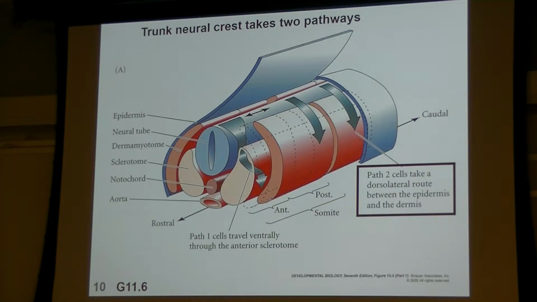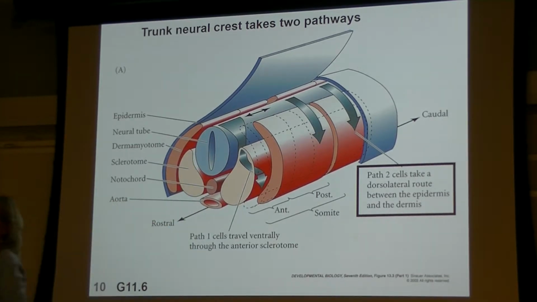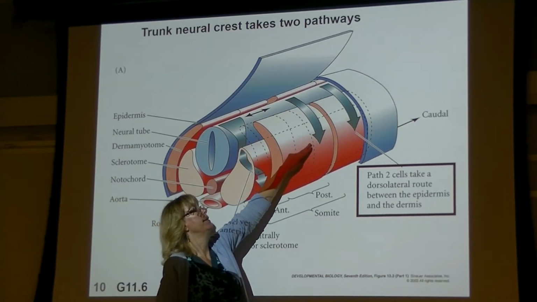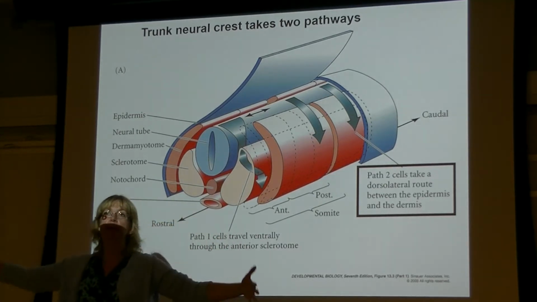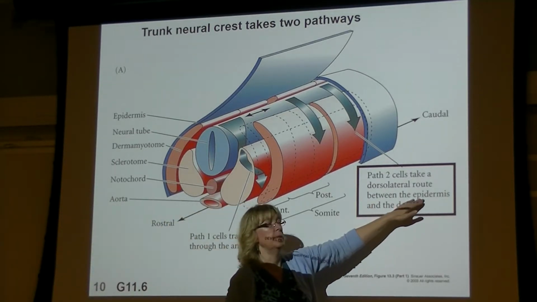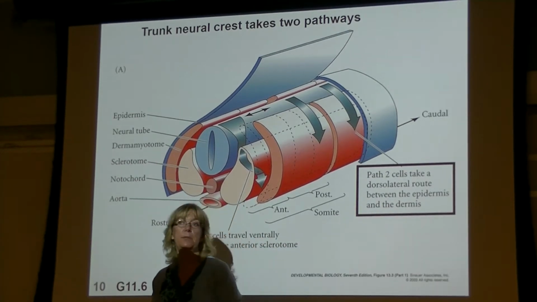And one of the places that you'll find these neural crest cells, starting from dorsal to the neural tube, one of their routes is just below the ectoderm, kind of on the outside layer of mesoderm. So here they are. They're very dorsal, very lateral, and very superficial, or towards the outside layers of the organism. So these cells are going to be migrating there between the epidermis, ectoderm derived, and dermis, mesoderm derived.